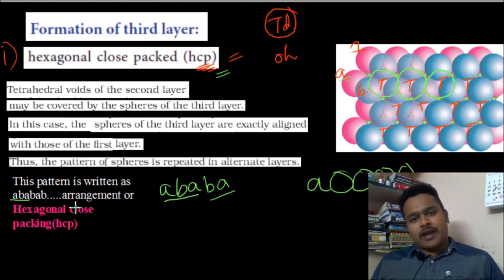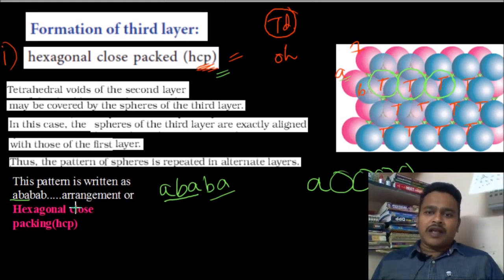How am I getting this packing? By covering only tetrahedral voids, tetrahedral gaps.